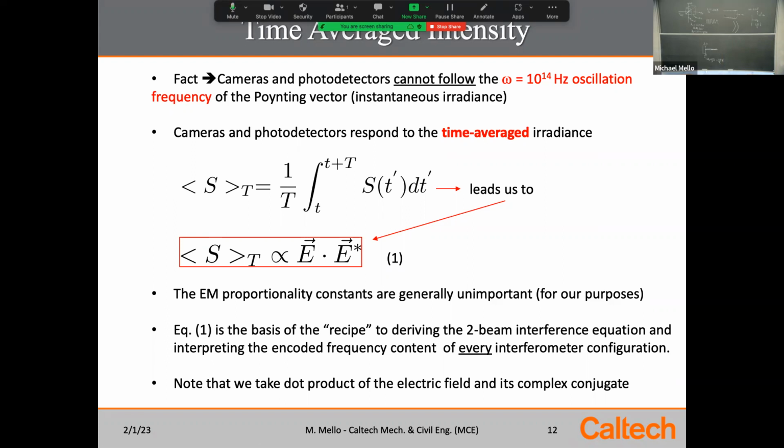If you can represent the E that's made it to that side of the beam splitter, that is, if you know how to write mathematically the electric field from the specimen beam plus the mathematical representation of the reference beam that you're mixing it with, we can call that E. Then the time averaged intensity that the detector sees is given by E times E conjugate, and that gives us a real quantity.